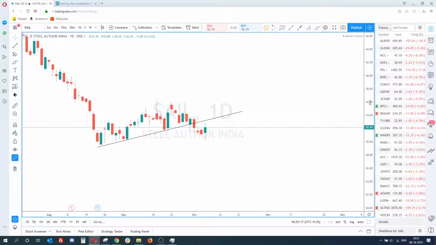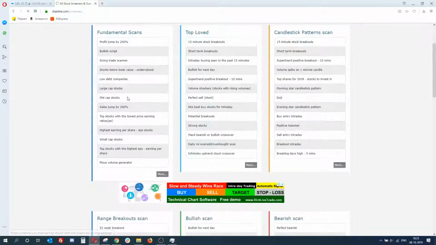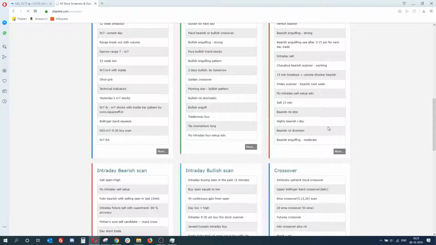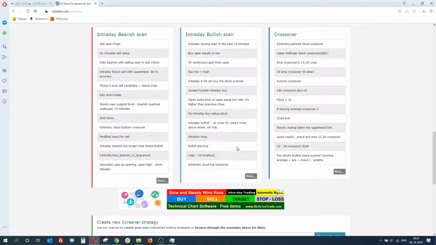There are a lot of scanners, this is just an example. There are scanners through Google Sheets, where they select stocks based on pivot points, some indicators, RSI. Even here there are many scanners available, but don't rely on any of these. The reason I'm saying this is that you will be making losses if you select stocks like this.